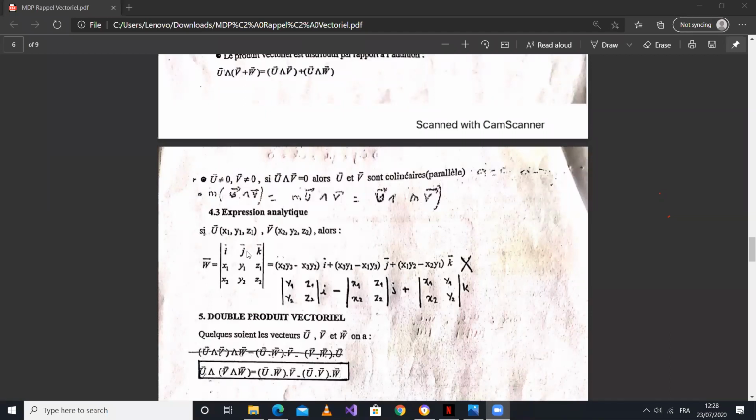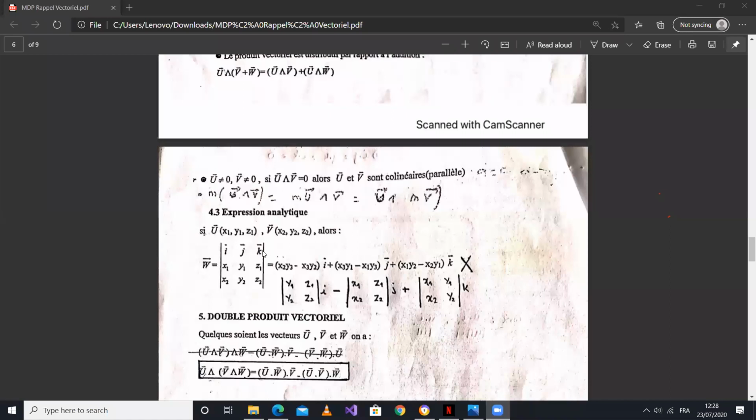We are still in the first row that we chose, so we move to the J. You put your finger on the J again, and you eliminate the column and the row in which the J belongs. In this case, the J belongs to the second column, so you cancel out the second column and the first row. You remain with X1, X2, Z1, and Z2, and you extract that as your second 2 by 2 matrix.